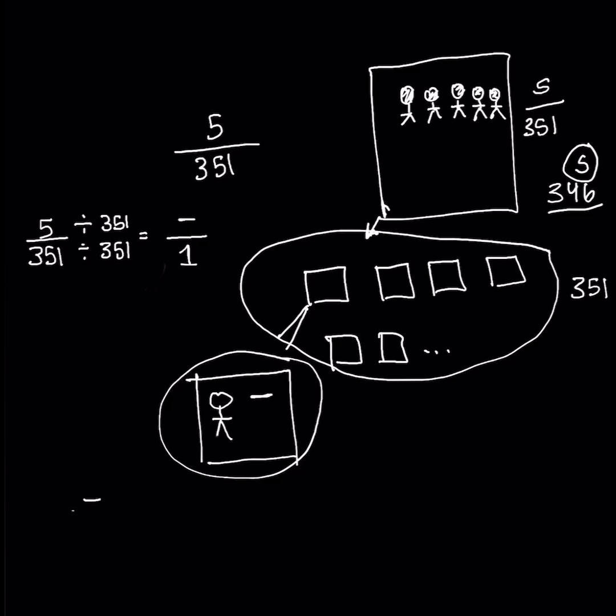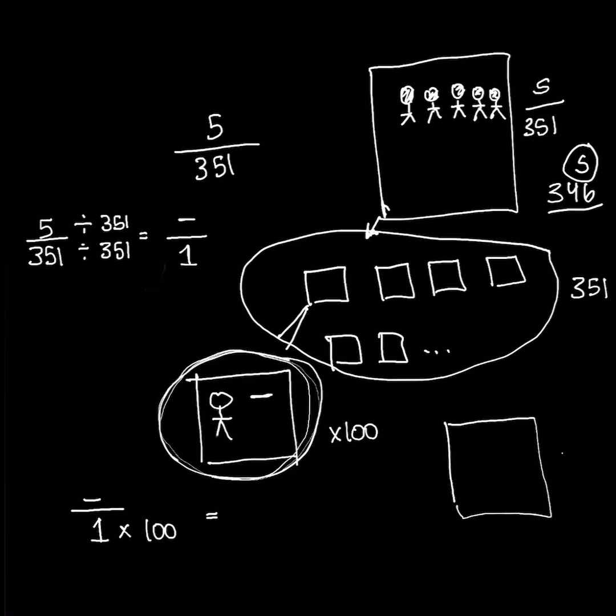What we can do now is we can say, okay, we're going to multiply this by 100. So this contains 1 person in total. And if we multiply that by 100, then what we get is a big group that has 100 people in total, right? And it has 100 of these little slivers.